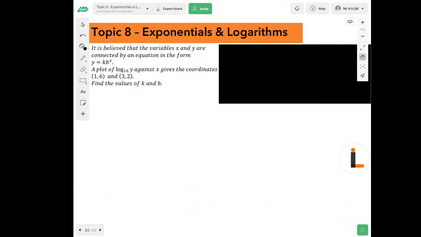So the first thing I would do just on this left-hand question is plot a quick sketch of this graph.